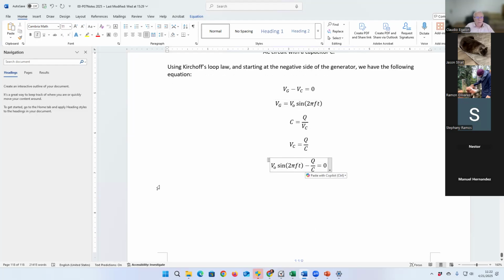Right? Which will become something like that. Or, here you go, I can even write Q as being V naught times C, sorry, not V naught over C, V naught times C, like that.